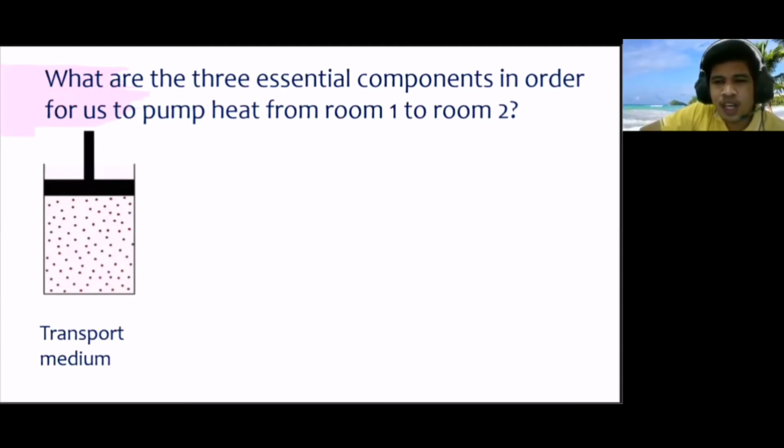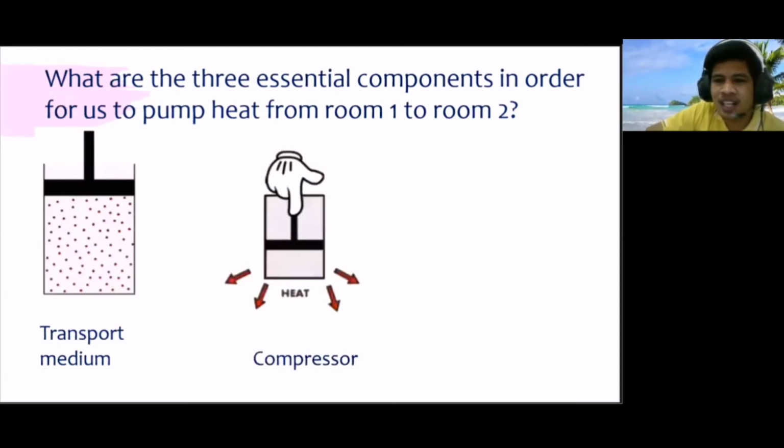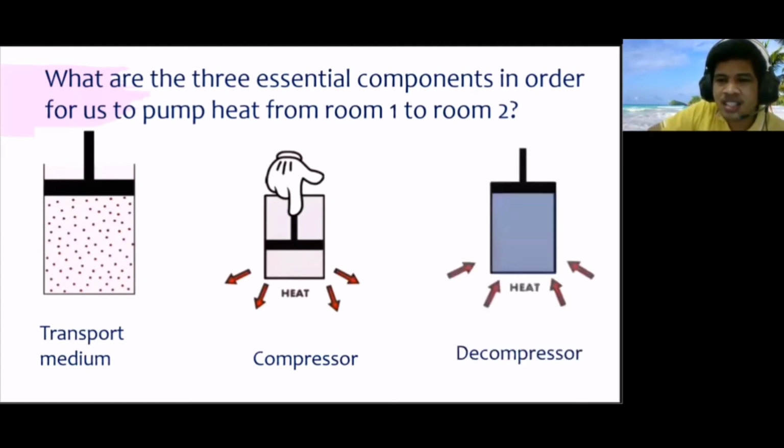Okay, another one, Modtanoy said it's compressor. So in our example, a compressor is a piston, and when you press the piston down, it makes the heat, it makes the environment hotter. That is the compressor. And the second one is actually a decompressor, but it's actually a condenser.